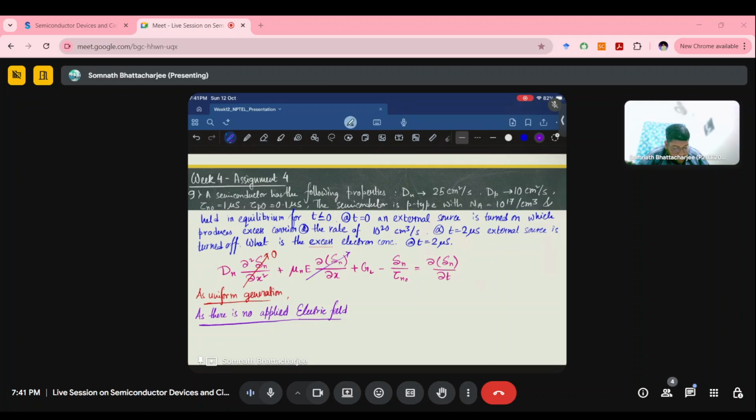So this term will also become 0. We'll have this equation only: GL minus del n by tau n0 equals del of del n by del t. You have to solve this equation first. Try to do this.